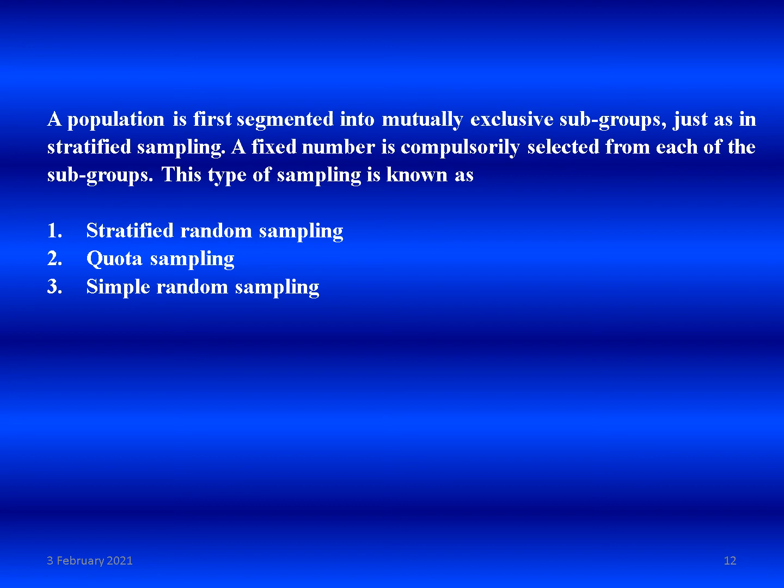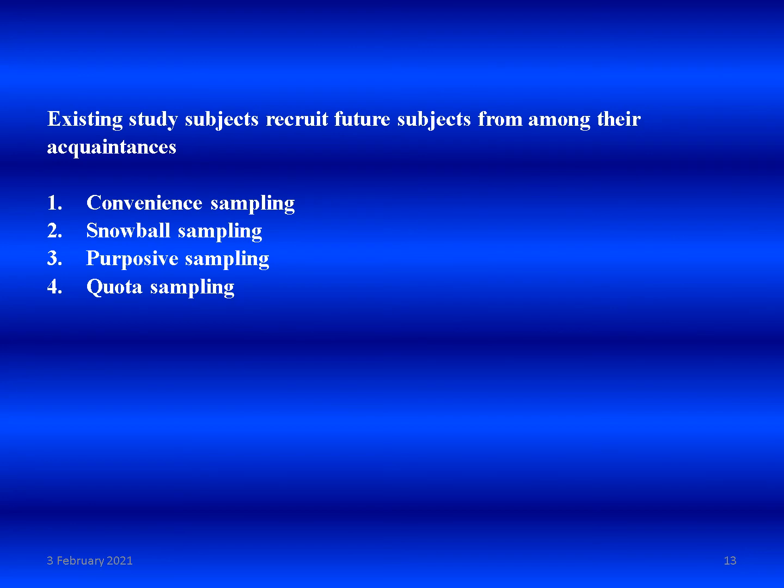This type of sampling is known as quota sampling, because we are selecting a fixed number from each of the subgroups, right? Next question. Existing study subjects recruit future subjects from among their acquaintances, relatives or friends. This is an example of snowball sampling.